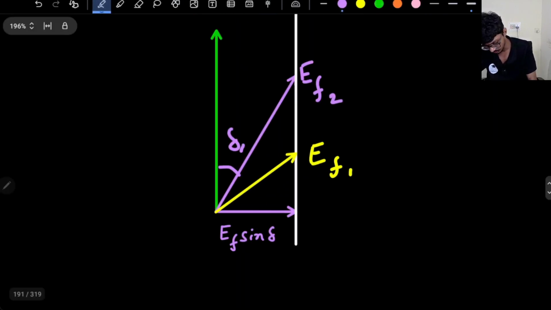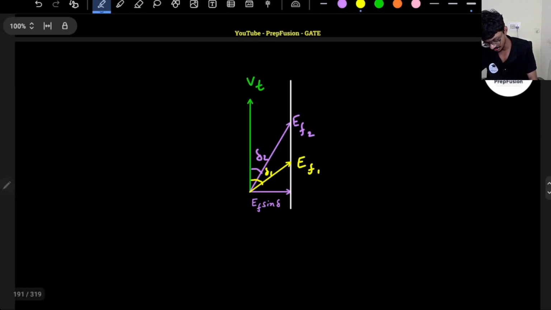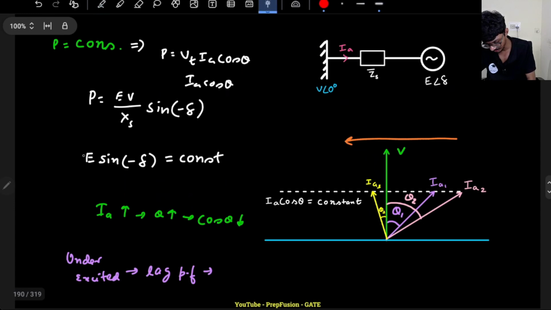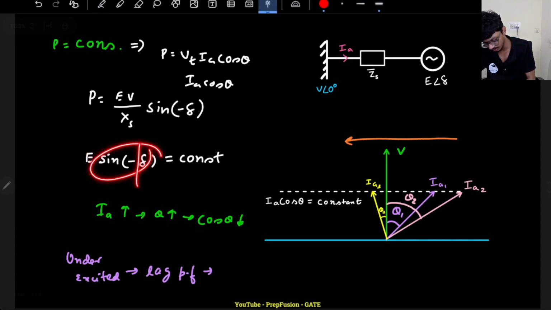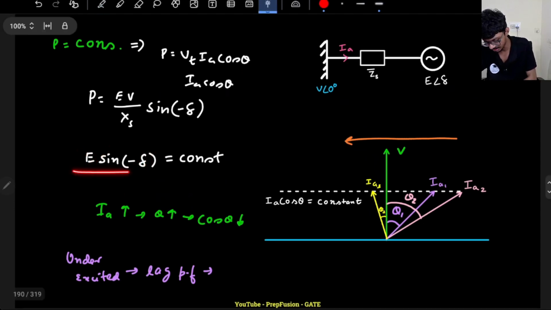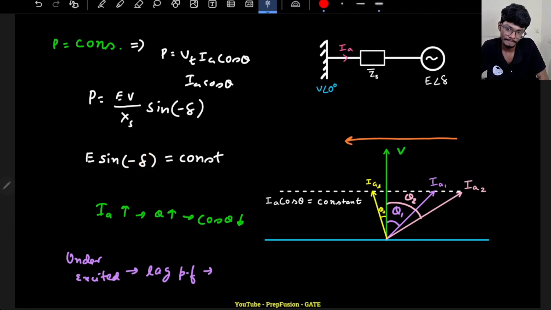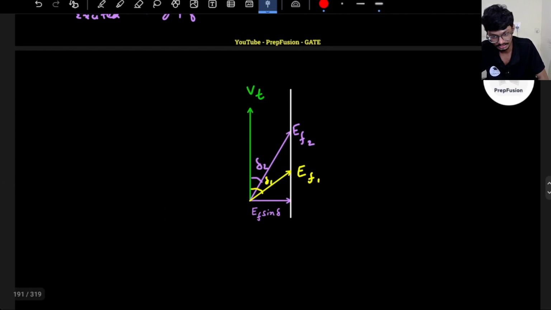As we can see from the equation as well, nothing new I'm telling here. If I increase my EF, the delta will reduce, because this product has to be a constant term.